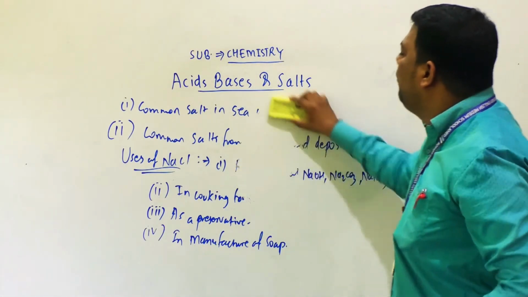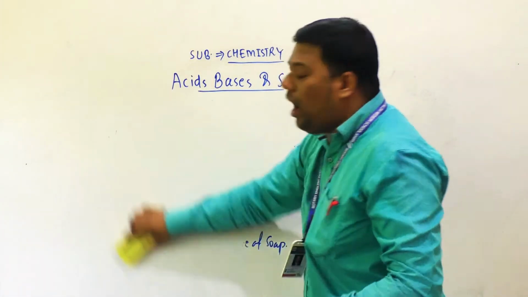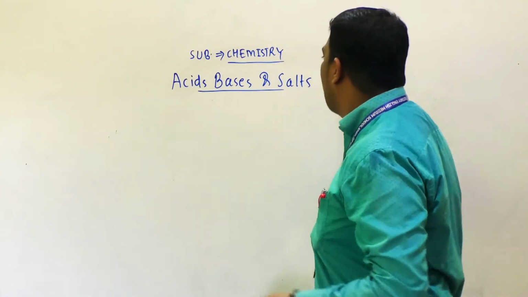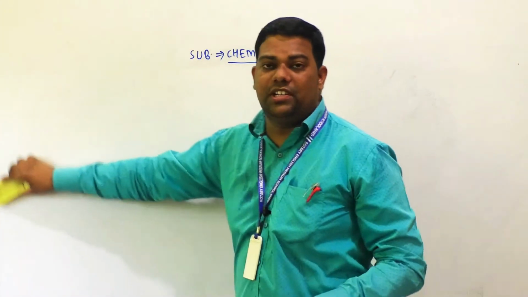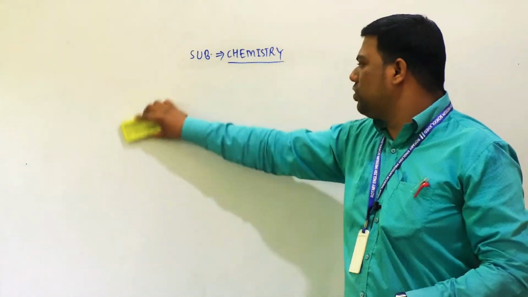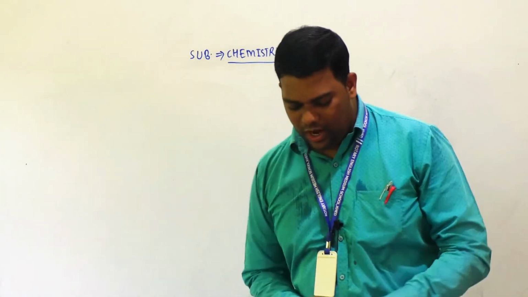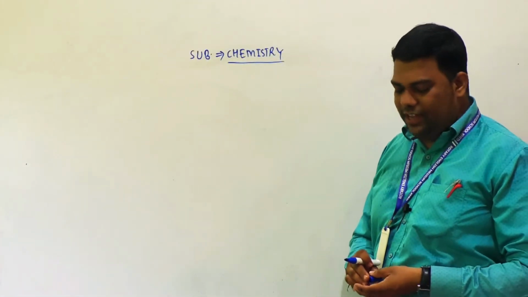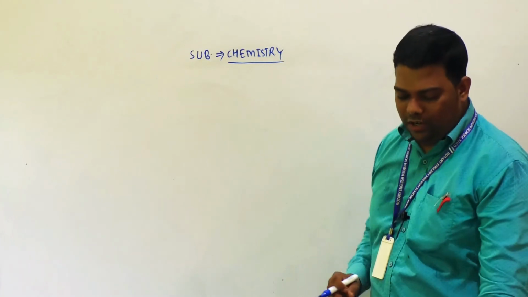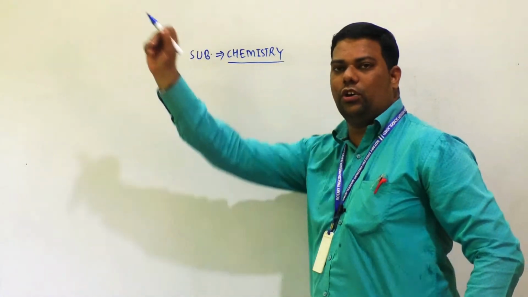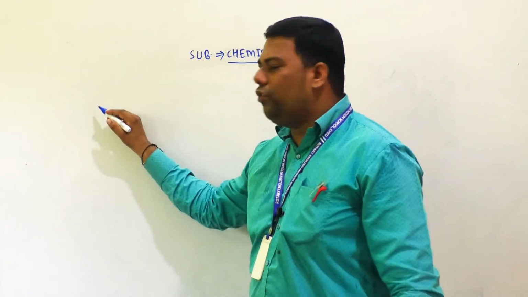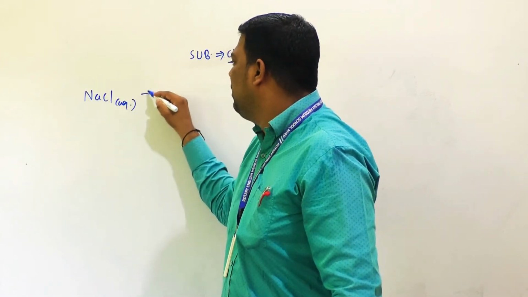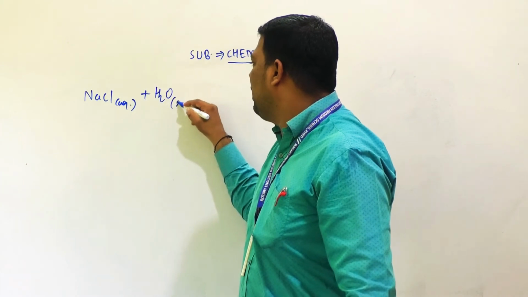Let us see how NaCl can be used as a raw material for various chemicals, one of the most important points. First we write the reaction: NaCl aqueous plus H2O liquid.